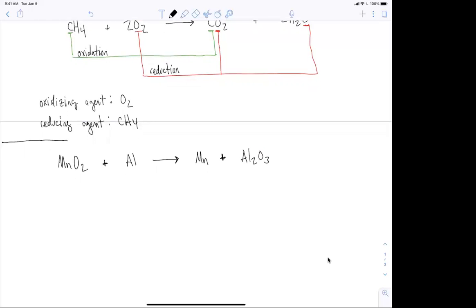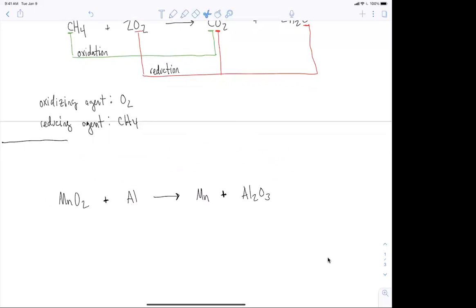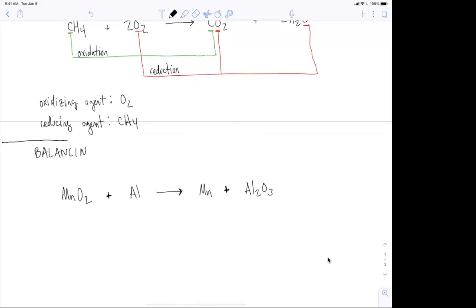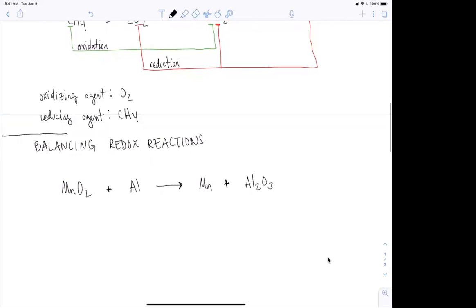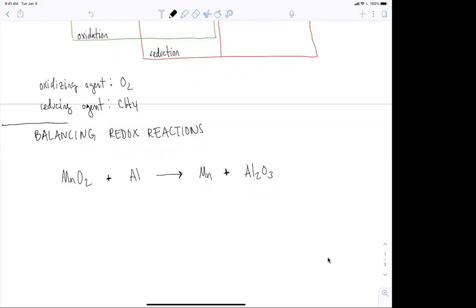Okay, so we've got this reaction here, and let's say we want to balance it. So the starting point is to assign all of the different oxidation states.